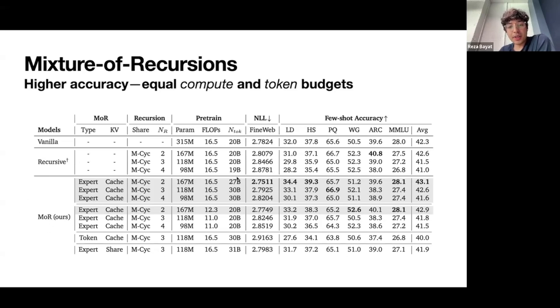Under the same compute budget, we can increase the number of tokens being consumed during pre-training. Then as you can see, for recursion steps 2 and 3, we outperform the vanilla model.